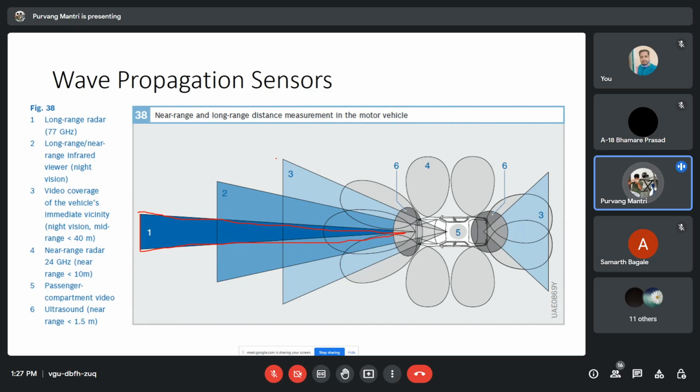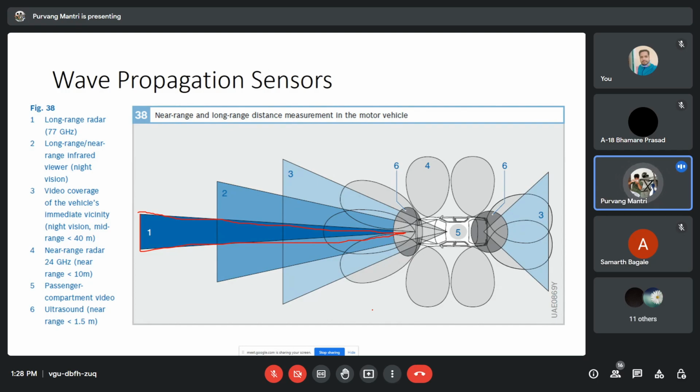Then we have short distance night vision sensors, which use cameras. Then we have ultrasonic sensors around our cars, which are used for reverse parking sensors, and finally ultrasonic sensors mounted on the bumpers, which alert the driver if anything is near our car.